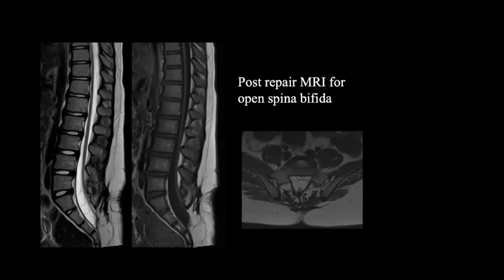I'm assuming later on they should know that the baby has Chiari. In this case, this is post-surgery. They repaired the myelomeningocele, but you still see the tethering of the cord, with what they call the posterior neural placode all pushed posteriorly and tethered to the sacral dysraphism.